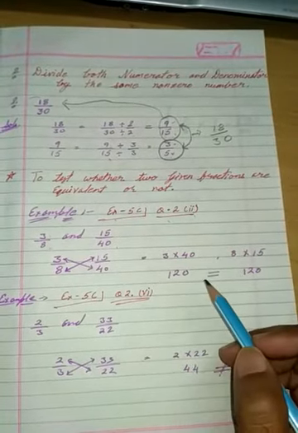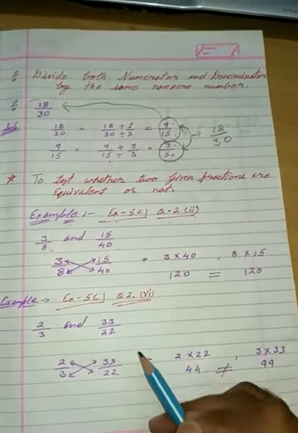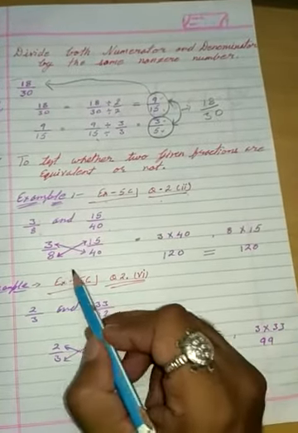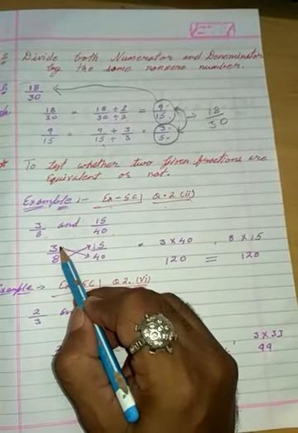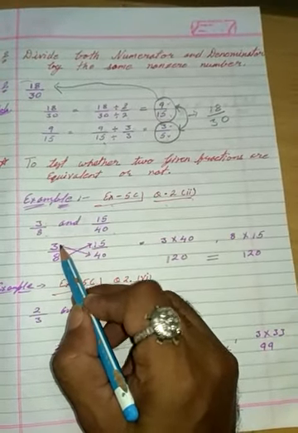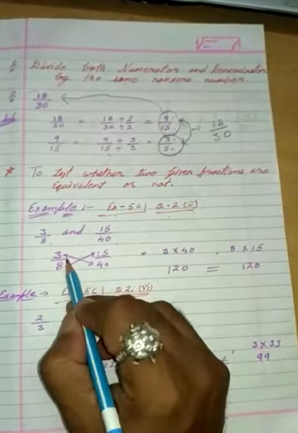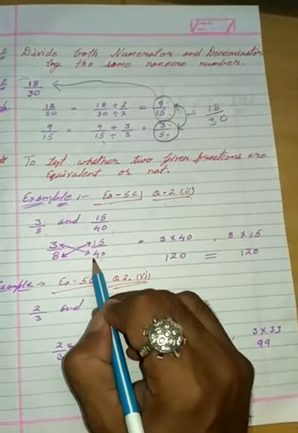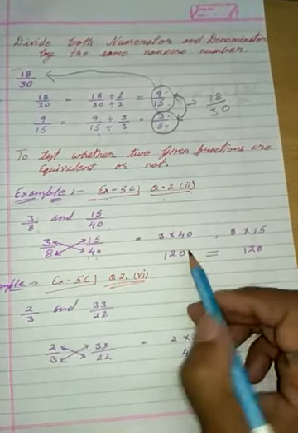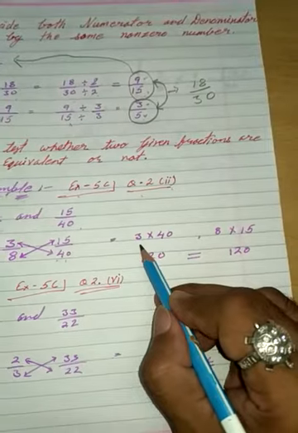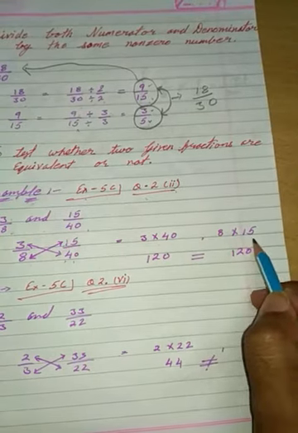It's cross multiplying. You will cross multiply the fractions. You will multiply the numerator of one fraction with the denominator of the other. Means 3 is multiplied by 40 and 8 is multiplied by 15.